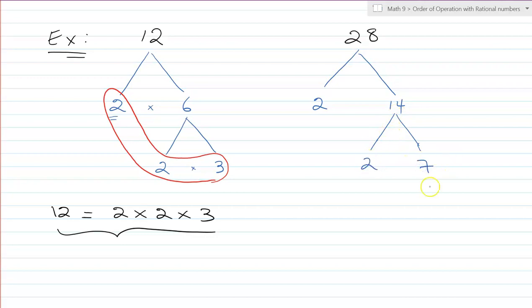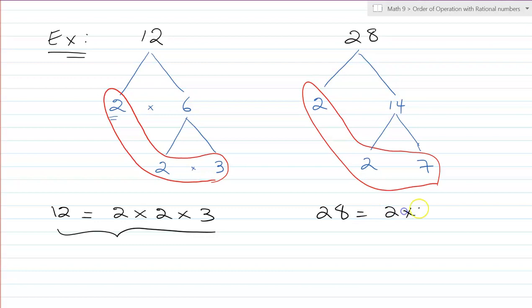Notice that 7 is a prime number, so you're done. Now you write it as a product of these primes: 2 times 2 times 7. Product means multiplication of its prime numbers.